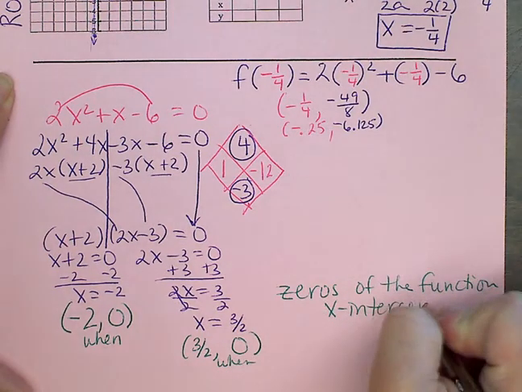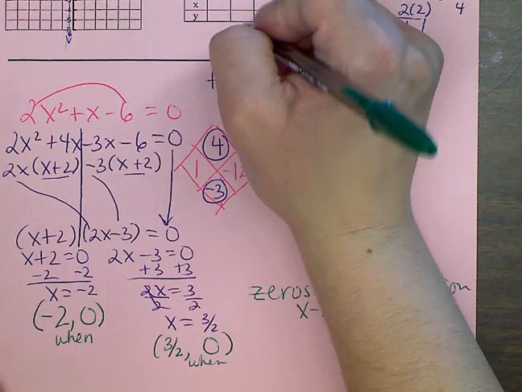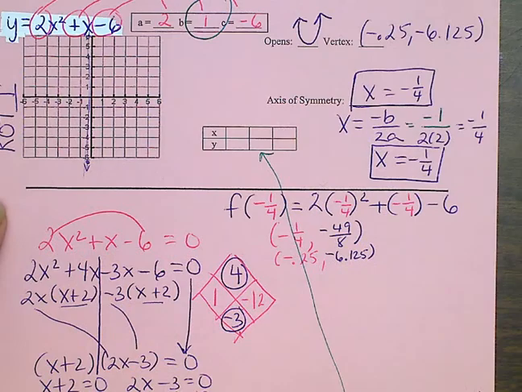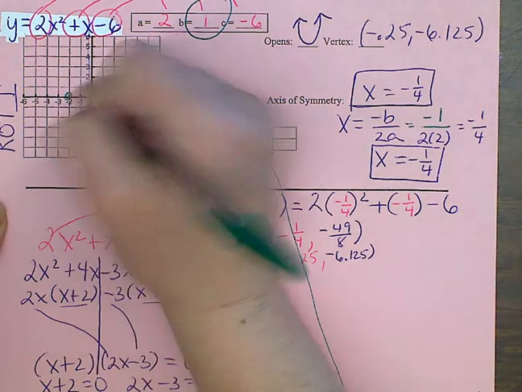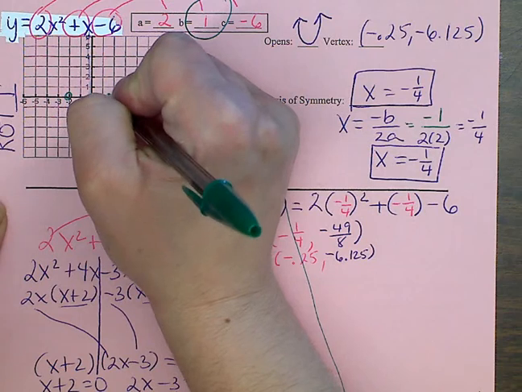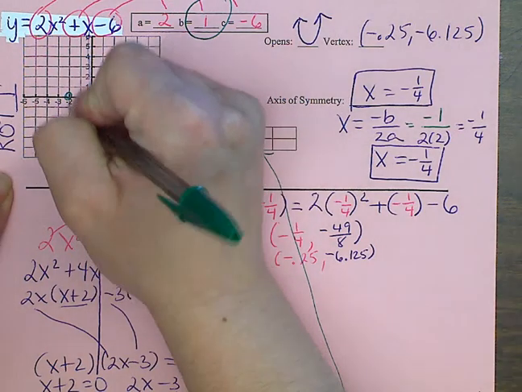And we can use those values in lieu of filling out our table to get 2 additional points. So I'm going to plug in negative 2, 0 onto my graph, and 1.5 onto my graph. And I have a quick sketch of that function.